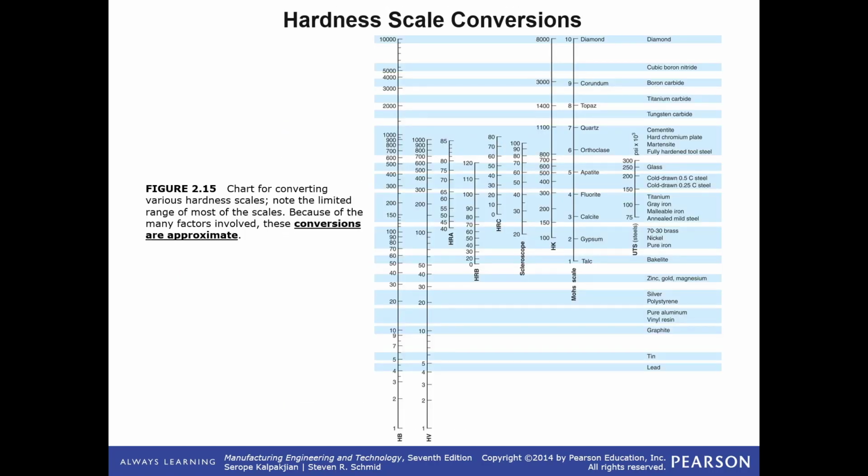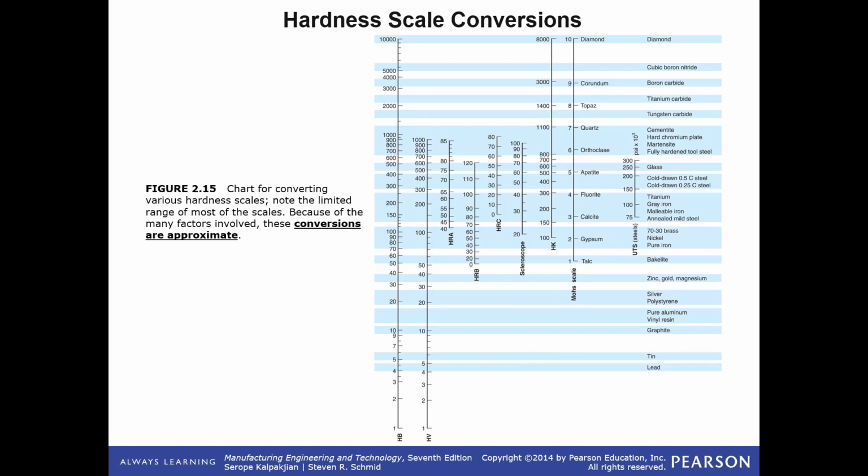And for most scales, it can be a little tedious from time to time to try to correlate what one hardness scale correlates to on another scale. This is one I've gotten out of the book material, and you can see we can take an HRB reading and correlate it to a Rockwell Hardness Scale C reading, or correlate our Rockwell Hardness B reading to, say, our Brinell tester, or any other different types of scales we want to.